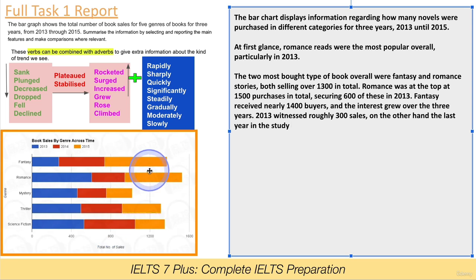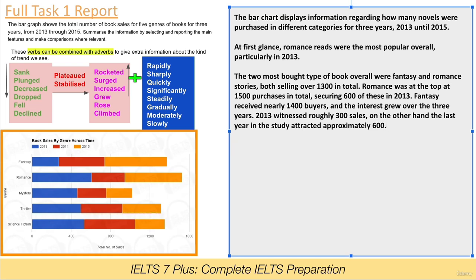So we have a whole 400 here. This probably totals up for another 200, 600. Did approximately 600.